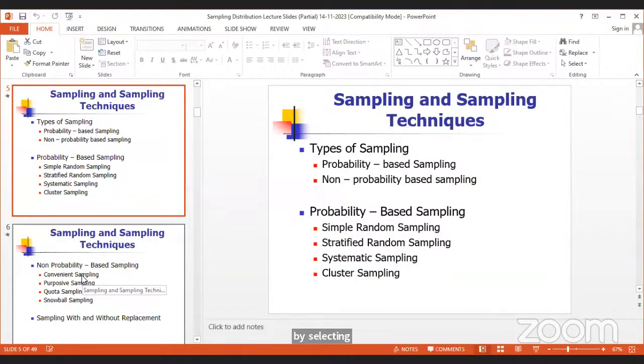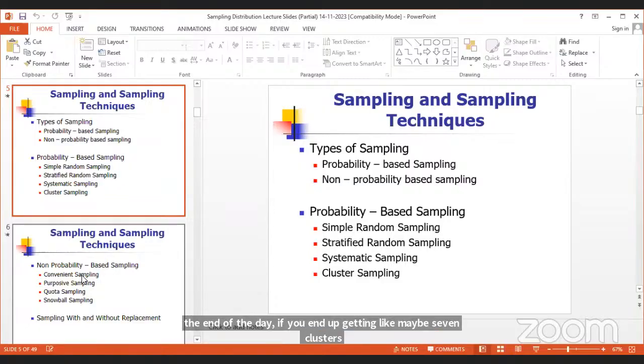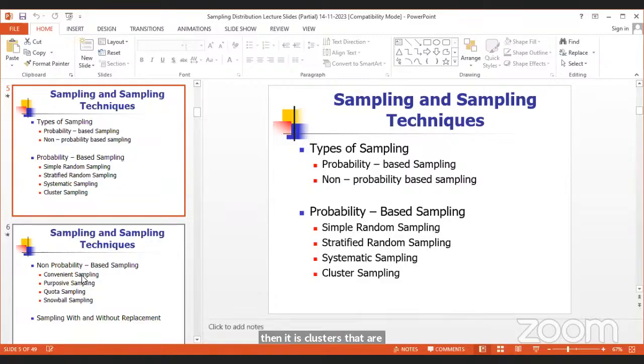The first phase of cluster sampling is that the units are grouped together to form clusters. At the end of the day, if you end up getting maybe 7 clusters, then it is clusters that are selected at random, not the units.